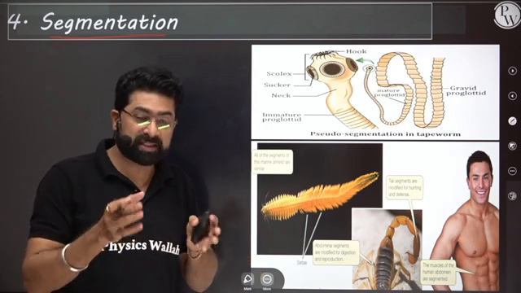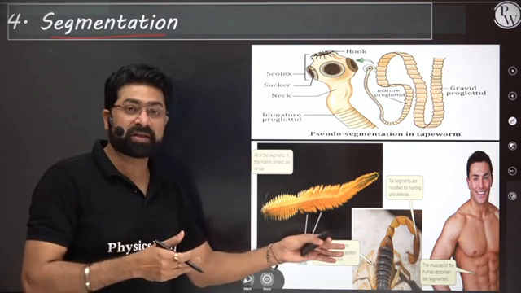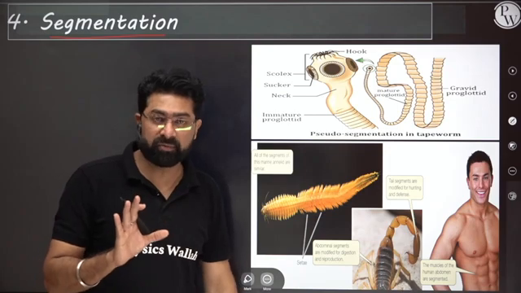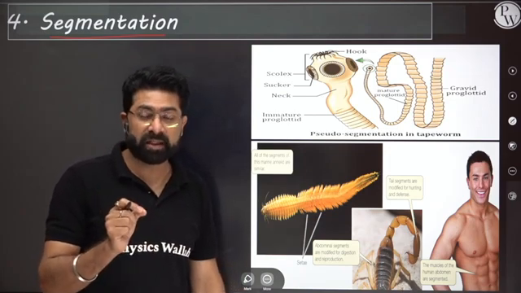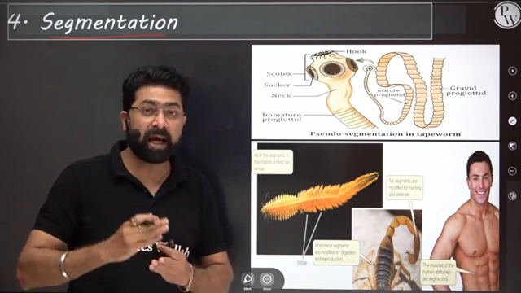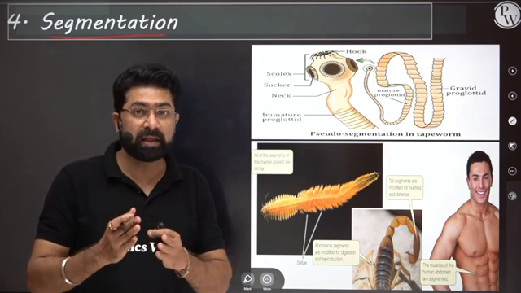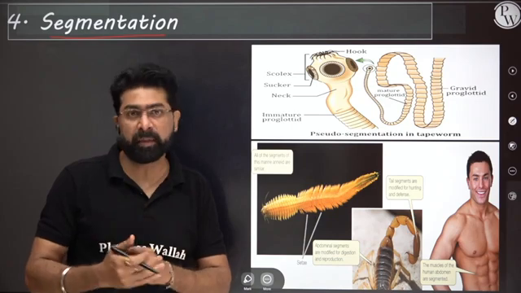That proves that segmentation is present in fishes, and you also have segmentation. Okay. So this is something very important to understand first. So what is segmentation? Segmentation means when you have external and internal body parts correspondingly making segments, then only it is called true segmentation.